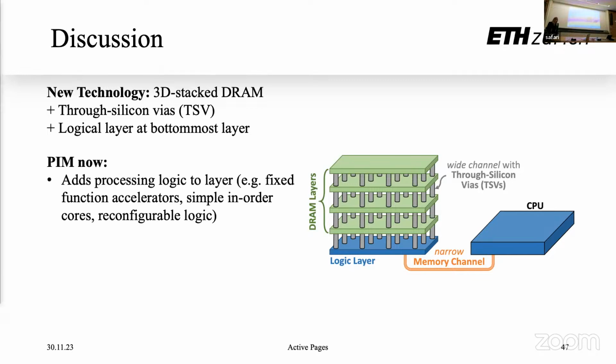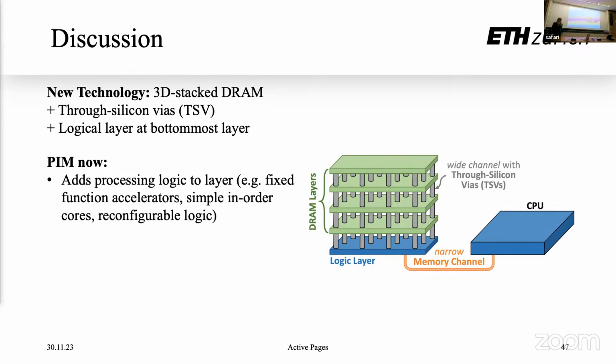Now, new PIM systems exploit this model by integrating processing logic into the logic layer at the bottom of the 3D stacked DRAMs, and try to exploit the high internal bandwidth.